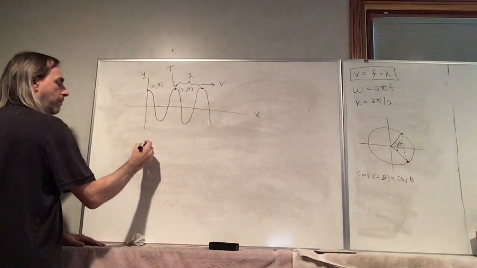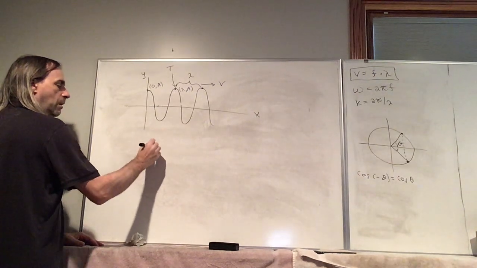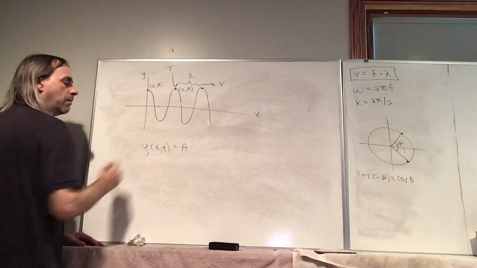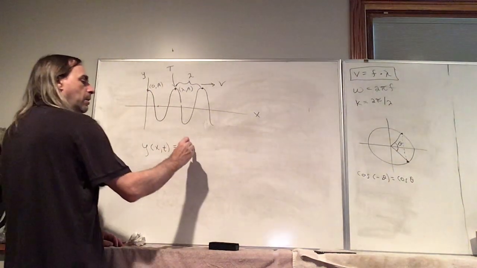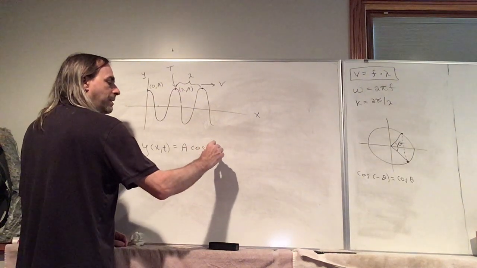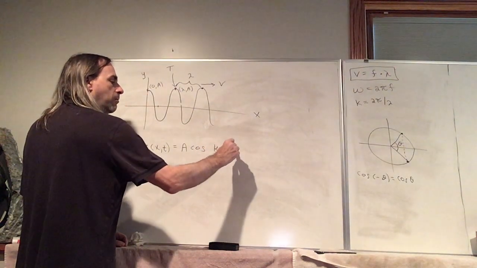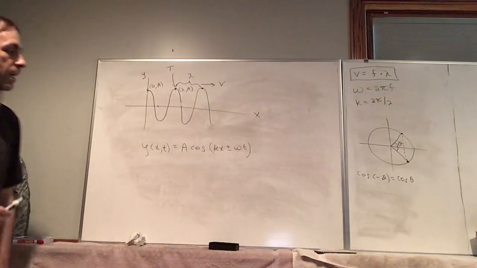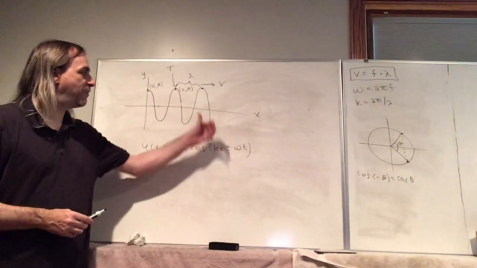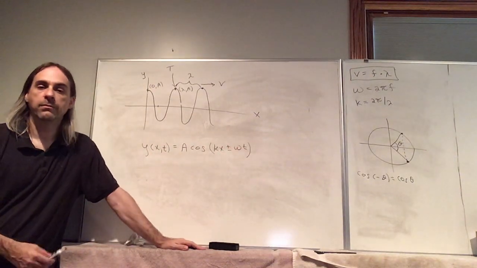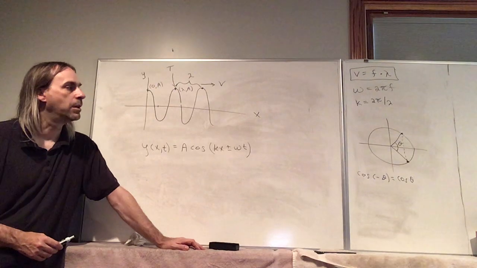So a final form, the amplitude is a function of position and time. We have A for amplitude, and then cosine. We can write this as kx plus or minus omega t. So plus would be a wave moving to the left, minus would be a wave moving to the right. So we can describe a wave moving in either direction.